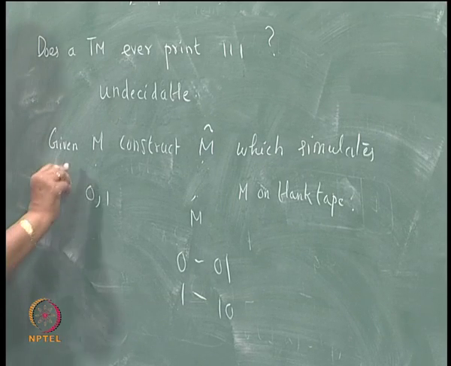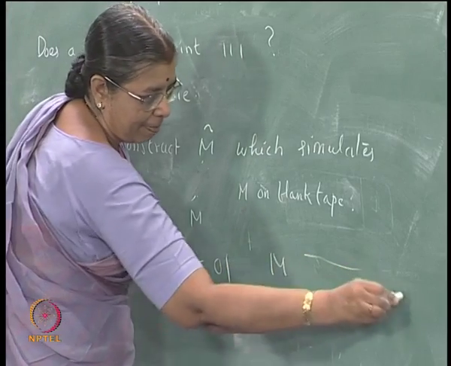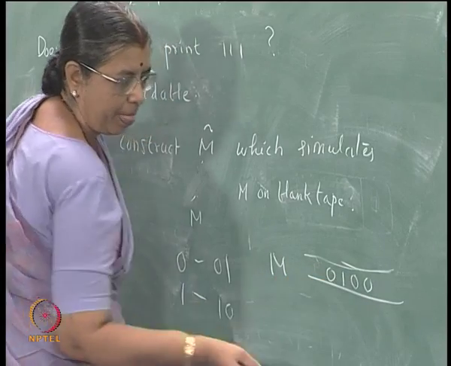So, suppose in M at some stage I have the tape 0, 1, 0, 0.